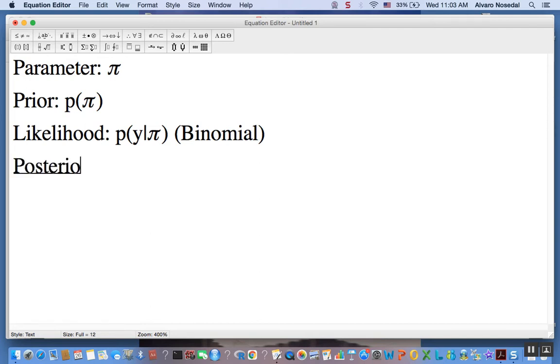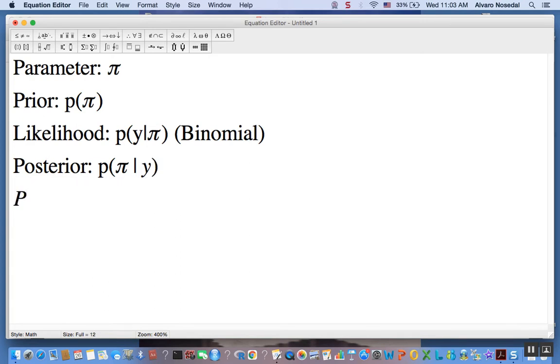Now, our posterior distribution would be the following conditional probability distribution: the probability of pi given the observed data, given our sample.